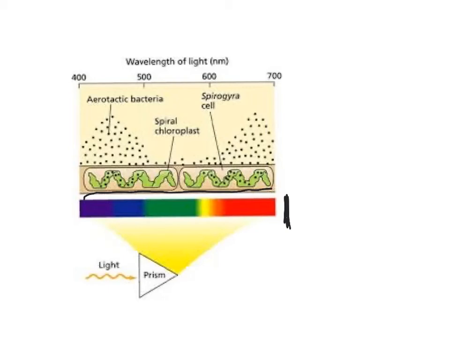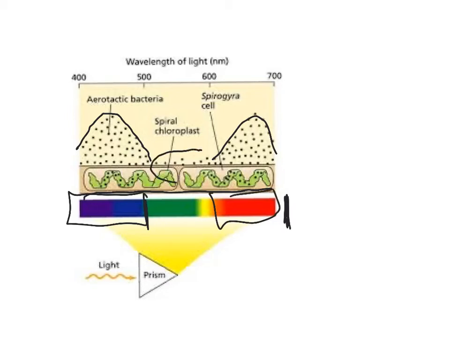What you see is that the bacteria are making a peak where there is blue and purple light, and then they're making another peak where there is orange and red light, and there are very few bacteria in the middle where there is green light.